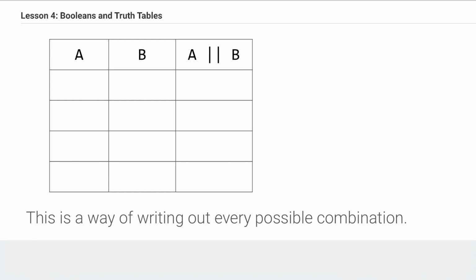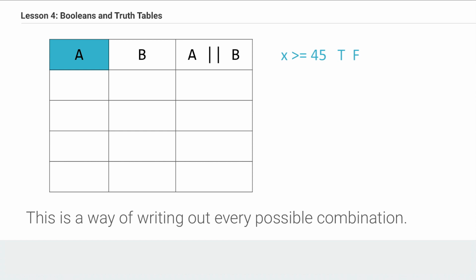Now, A and B are just a shorthand. So in the last problem that we saw, we were doing things like x greater than or equal to 45. In a situation like this, A just represents some value like that. And we can either have a value of true or false. So the first thing to do is come up with all the combinations of true and false for A and B. Now, sometimes you see these written as Ts and Fs.